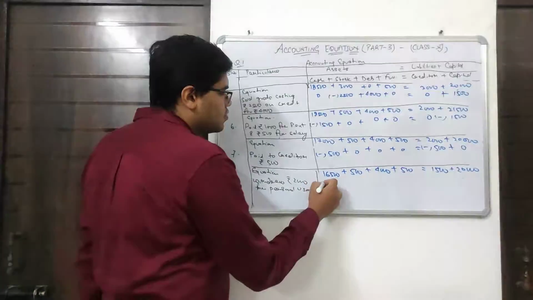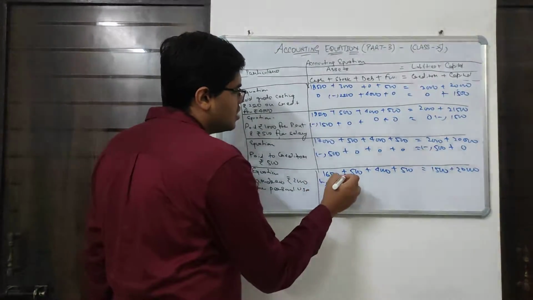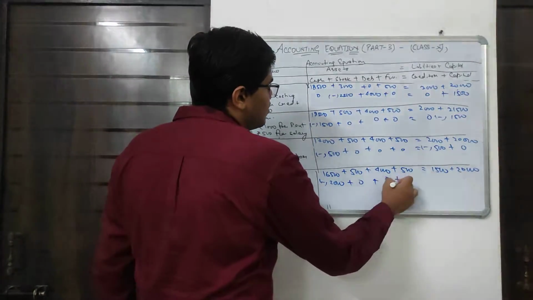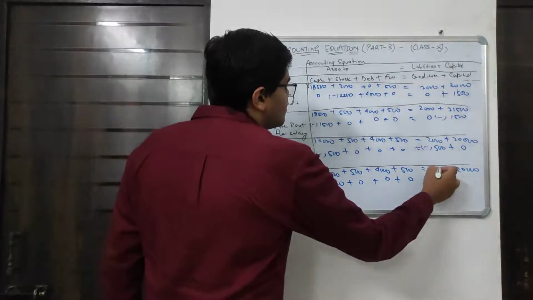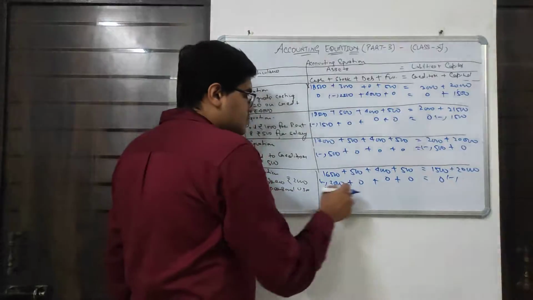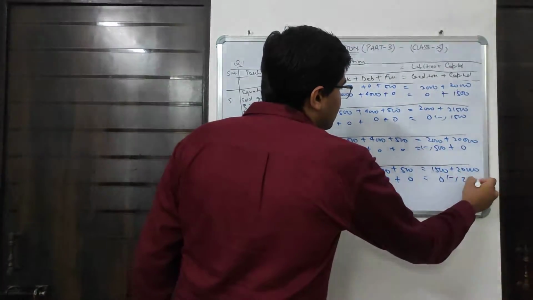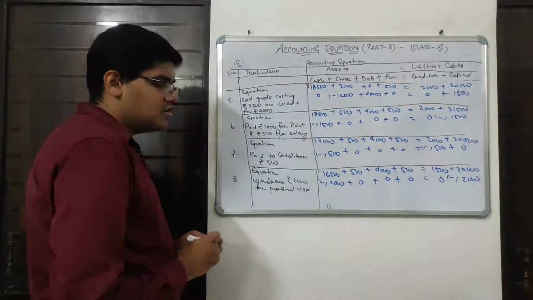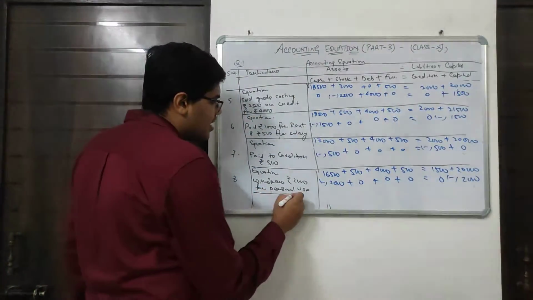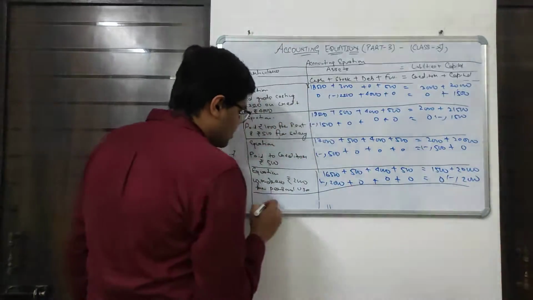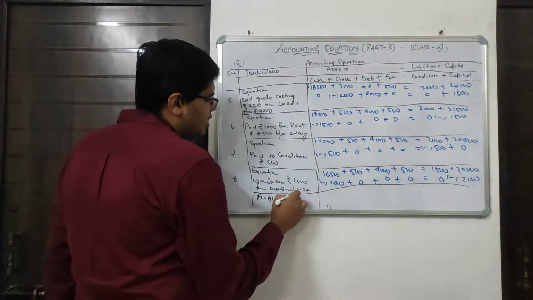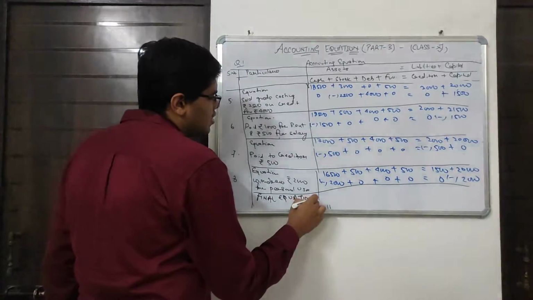So it is a loss. 2,000 will be deducted from cash, no change in stock, no change in debtor, no change in furniture, no change in creditor, and here 2,000 will also be deducted from capital. So our equation gets completed, and now you can write the final equation and see whether it is balanced or not.